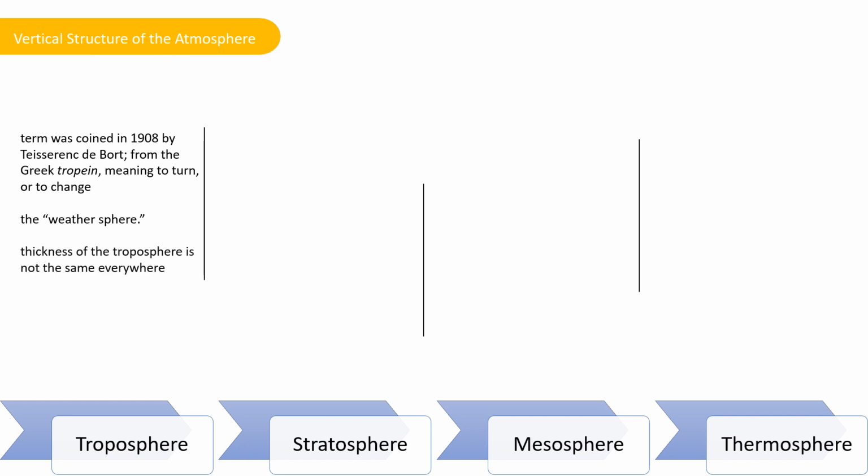And the thickness of the troposphere is not the same everywhere. The temperature continues to decrease to an average height of about 12 kilometers until the tropopause, the last level of the troposphere.